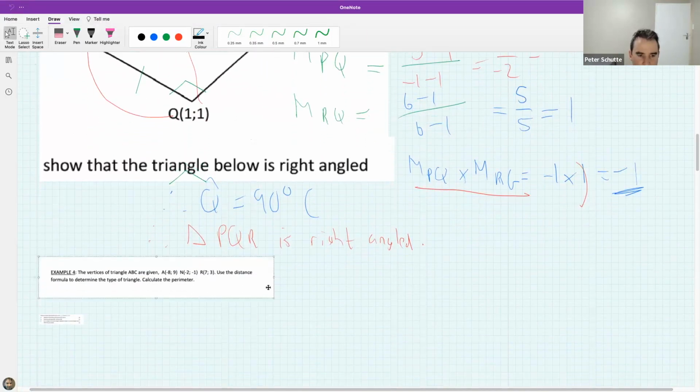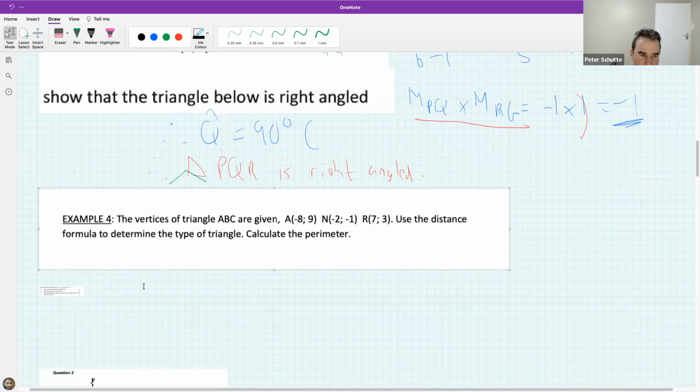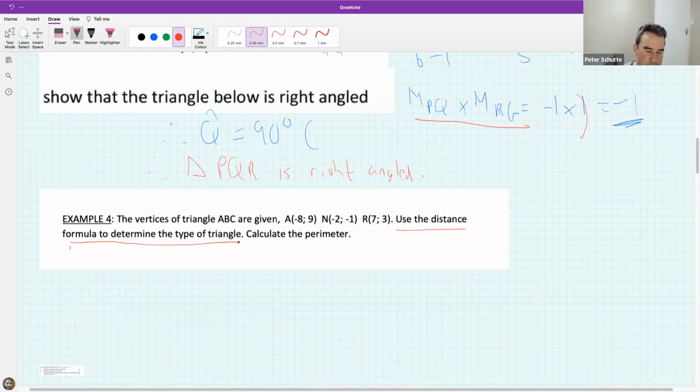Okay, now let's do a similar type of question, and then I'm going to modify it. Now this one says, the vertices of a triangle ABC are given, A, N, and R. Use the distance formula to determine the type of triangle.